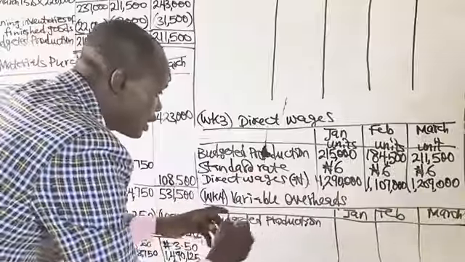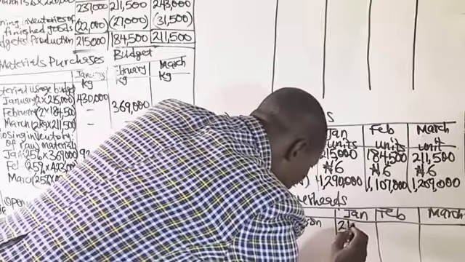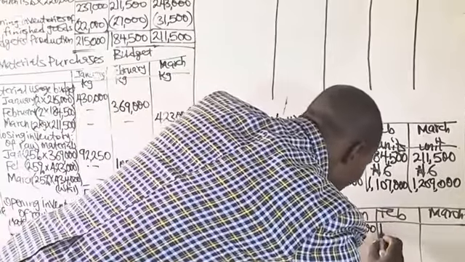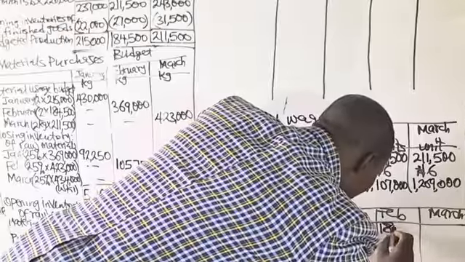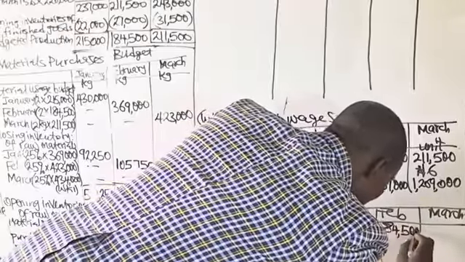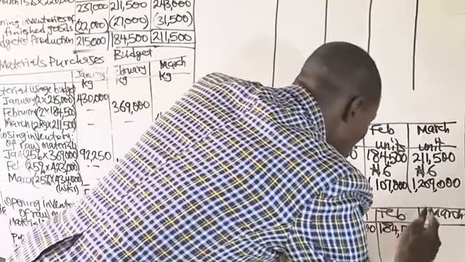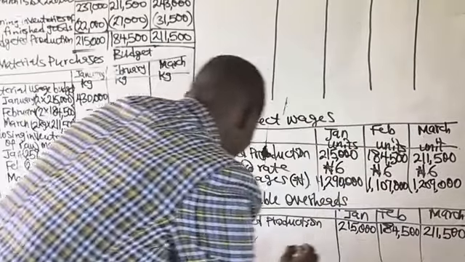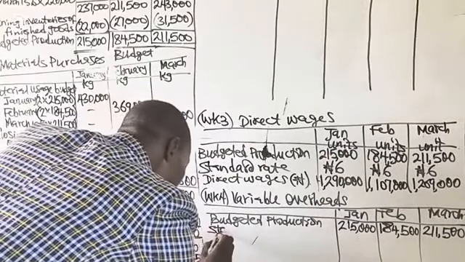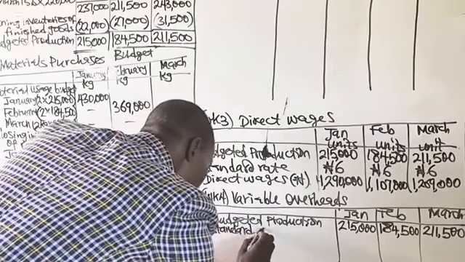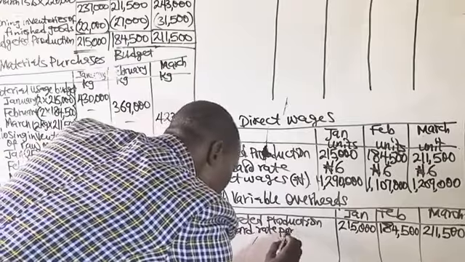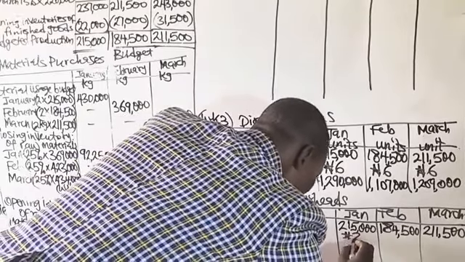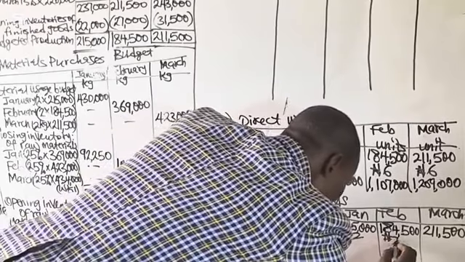Budgeted production, 215,000 in the month of January. In February, we have 184,500. And in March, 211,500. So we have the standard rate per unit. The variable overheads given in the question, 2 naira. 2 naira is the rate per unit.